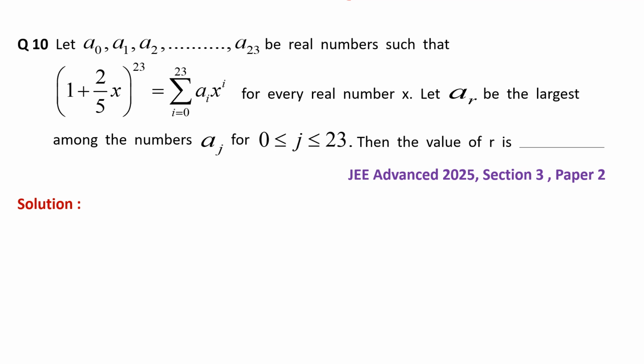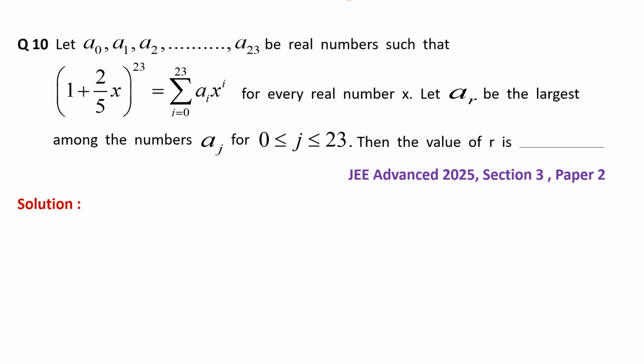Now students, in this question, we have been given the binomial expansion of (1 plus 2x upon 5) whole power 23 as a0 plus a1 into x plus a2 into x square and so on till a23 into x to the power 23. And in this expansion, we have to find the value of r for which the coefficient of x to the power r becomes the largest.